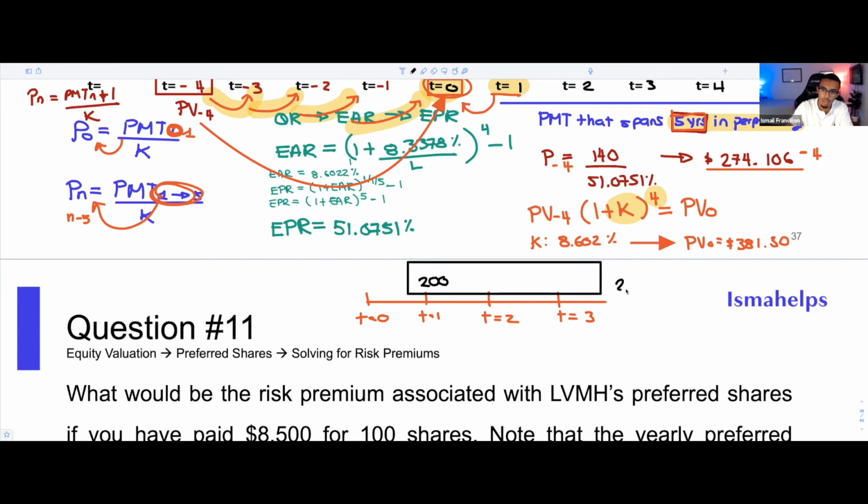So at T4, there's going to be another $200 right here. So T equals 4. If this spans 3 years, and we know that this is payment 1, the present value that we get is going to be at what? If this spans 3 years, we need to go back 1, 2, 3. Where will we be? What will our present value be if the payment spans 3 years?